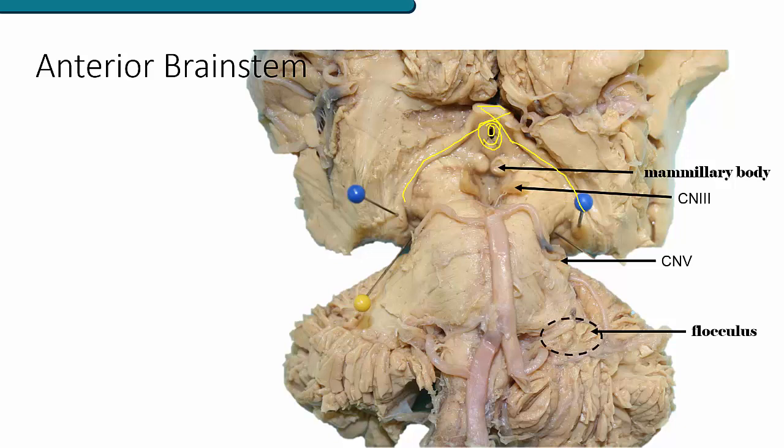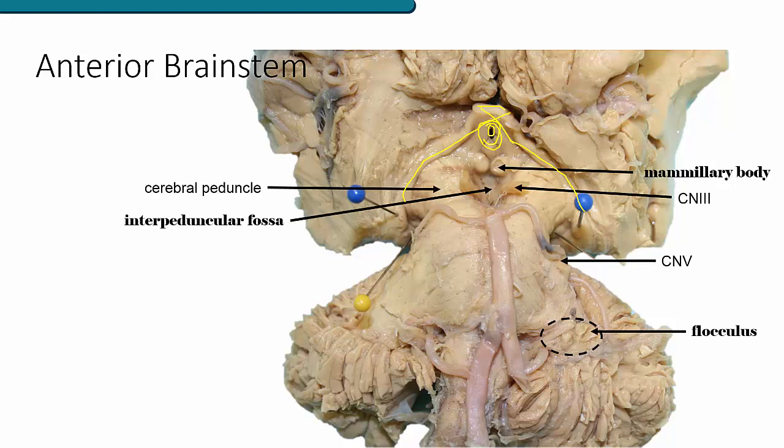Adding in some new structures, that cerebral peduncle, that crus cerebri that we talked about, the white matter upper motor neuron axons traveling through the midbrain are going to be found just deep to these two structures. And then in between the two structures, we call the interpeduncular fossa, which is where you're going to find cranial nerve 3 coming out.